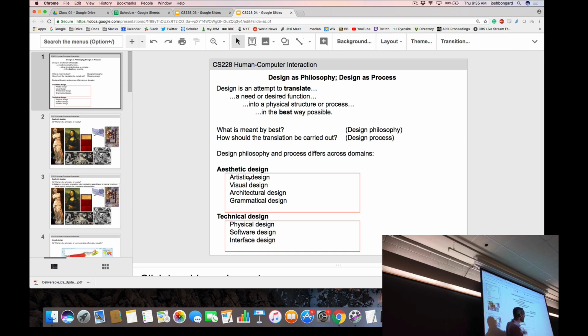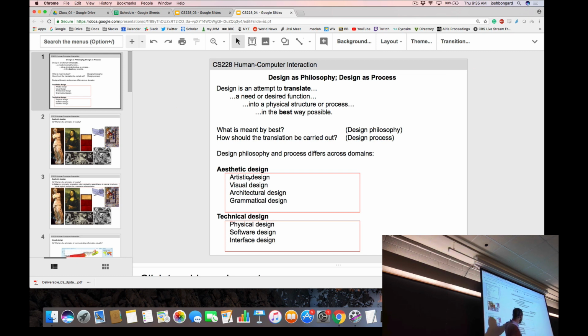We're going to start with design in very, very subjective spaces, like art and visual design, and we're going to gradually move from more and more subjective domains to more and more objective domains, which some of us are more comfortable with, which is technology, code, and so on.